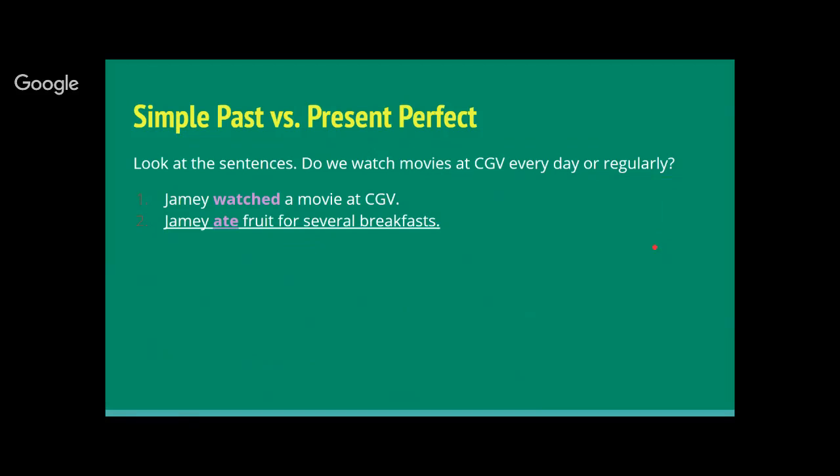Okay, so the answer is obviously no, not every day, right? Most people don't watch movies at CGV every day. That's very expensive, and there's not enough movies. So if you do, you're very lucky, but I don't.